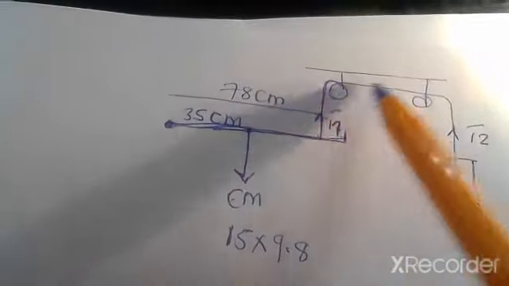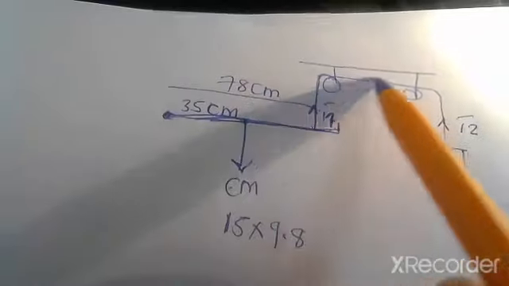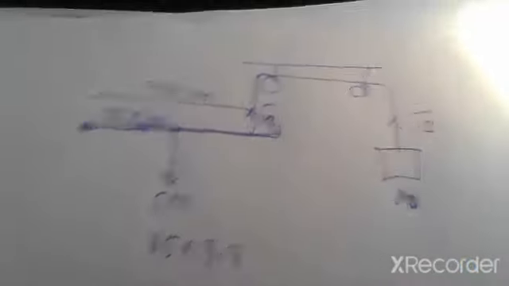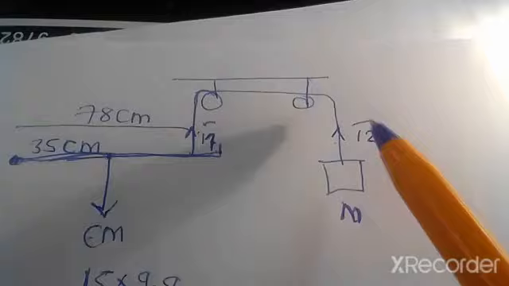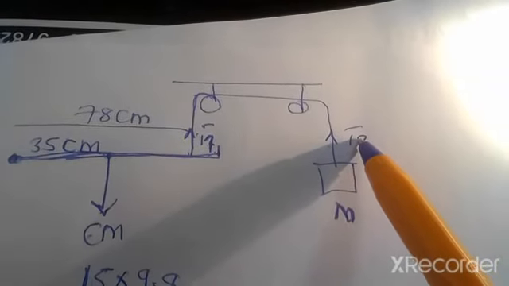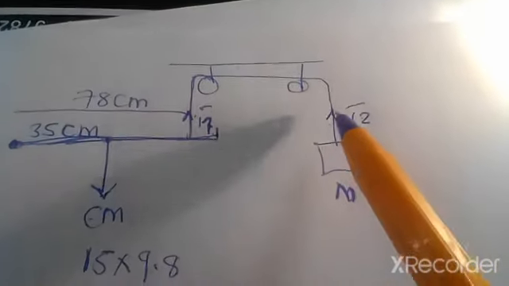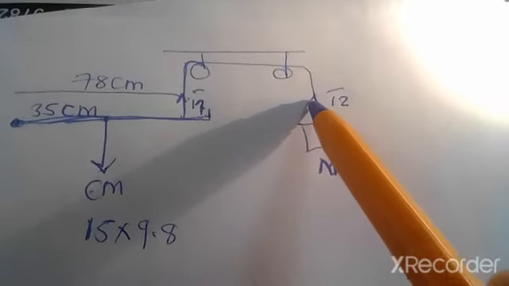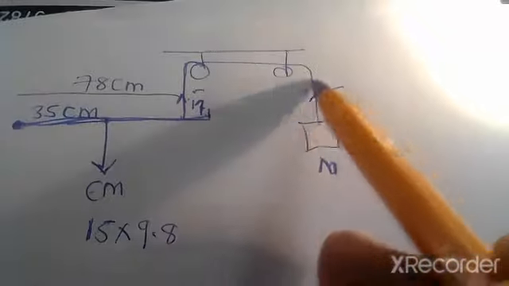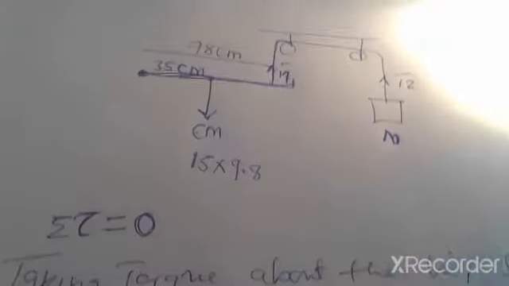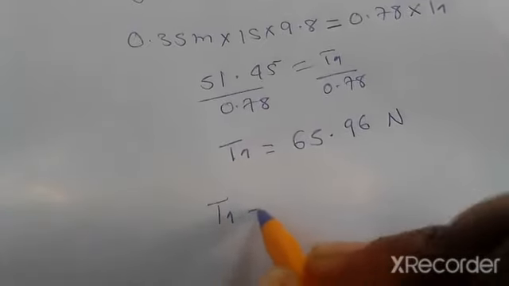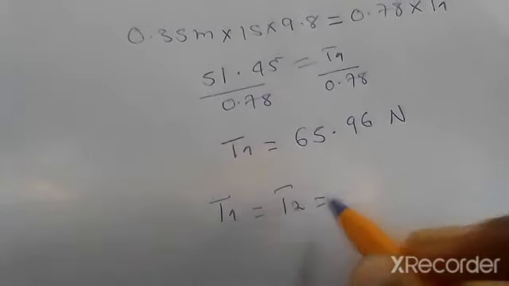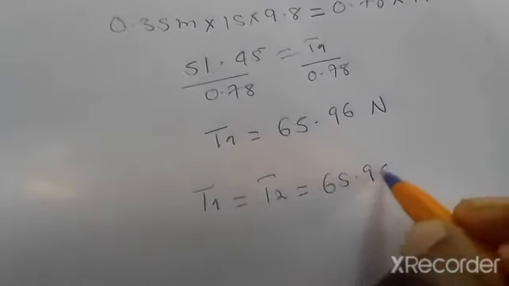If this system is in equilibrium, T1 is equal to T2. So T1 is equal to T2, which is equal to 65.96 newtons.